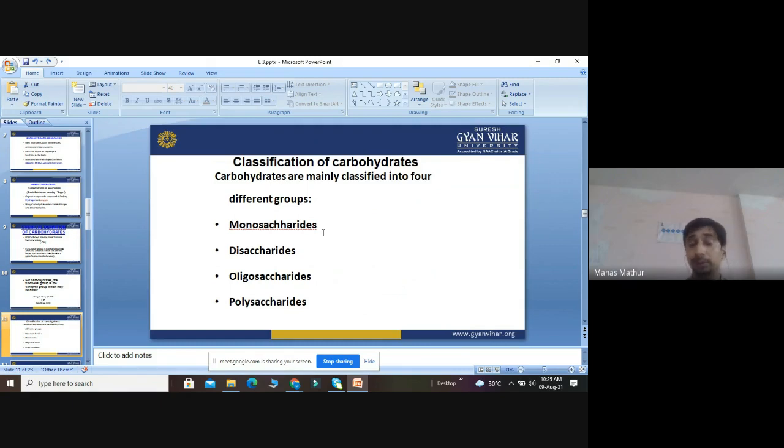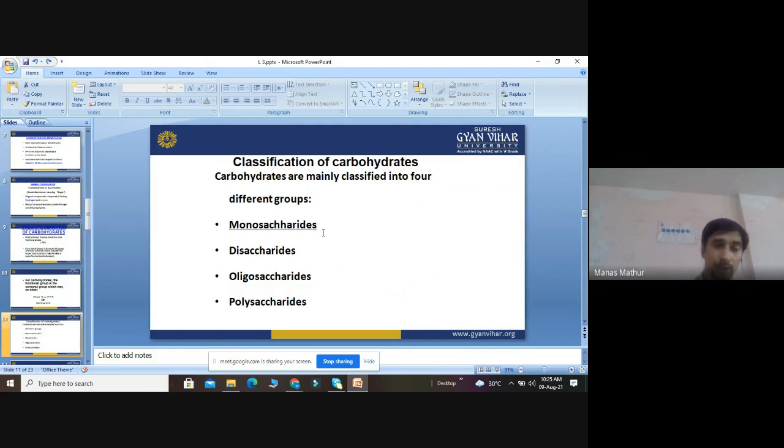If they have 2 to 6 units of repeating chains, they are called oligosaccharides. If it is more than 6 repeating chains, they are called polysaccharides. So carbohydrates are classified into four different groups: monosaccharides, disaccharides, oligosaccharides, as well as polysaccharides.